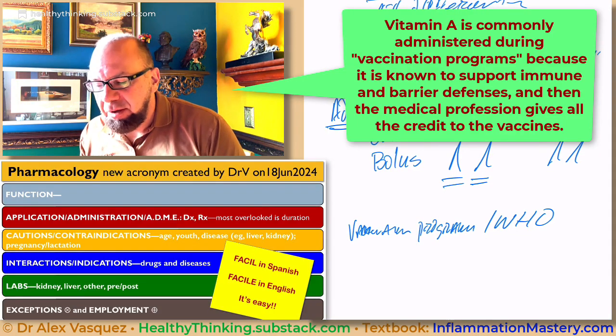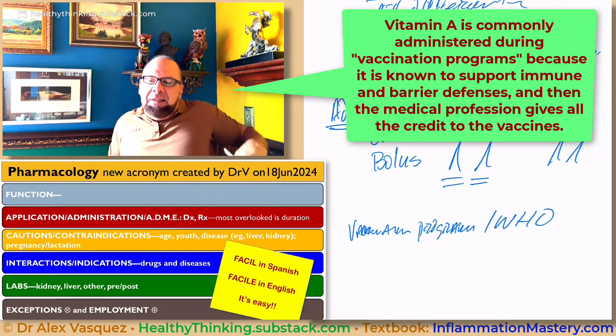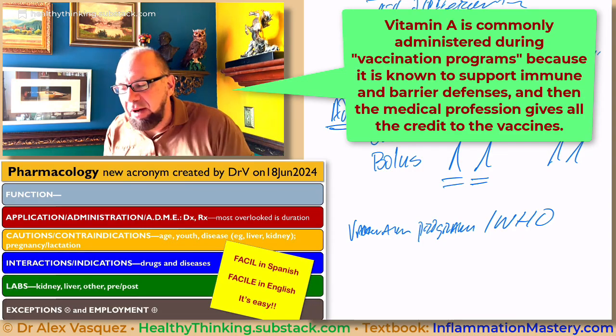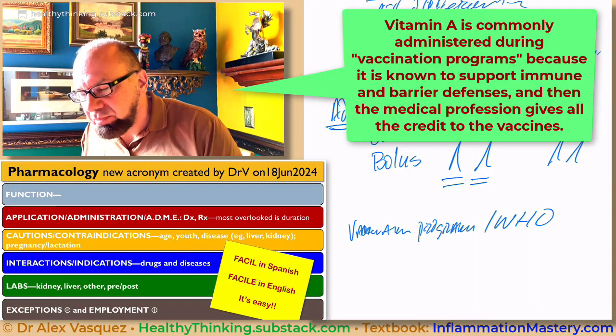And that's well described in any research that you want to look at. On the World Health Organization website, they just say, oh, well, it's just convenient to give these kids vitamin A along with their vaccines. No, you're not giving vitamin A along with the vaccines as if the vaccines were the priority. You're giving the vaccines along with the vitamin A because the vitamin A is what protects these kids.